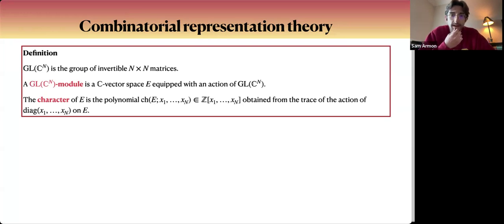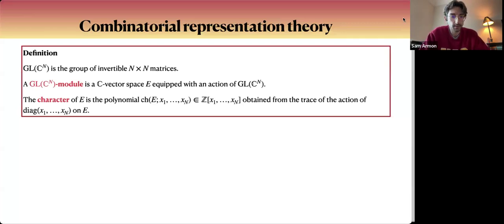And we're going to say that a GLN module is just some complex vector space E on which the general linear group acts. And one very important construction, especially I think for combinatorialists, is this notion of the character of a module.